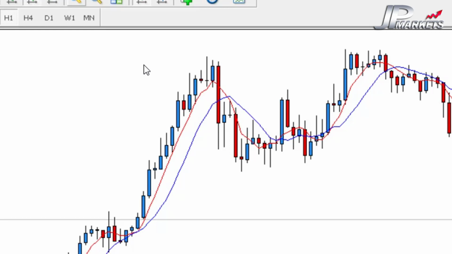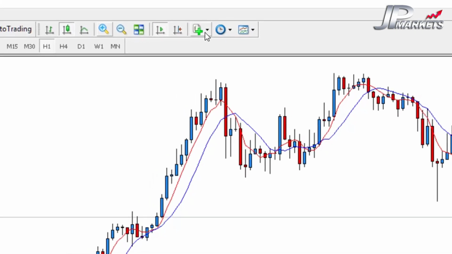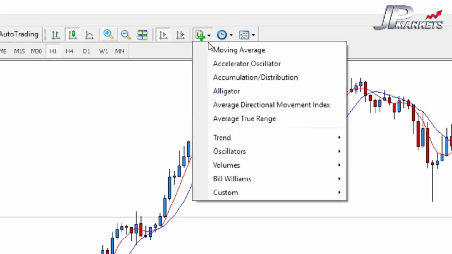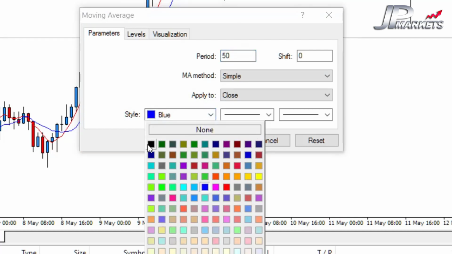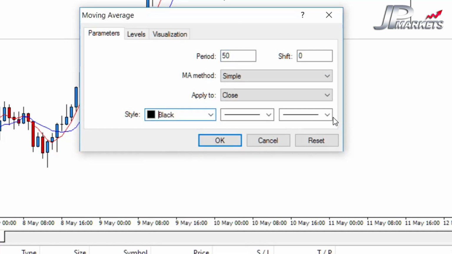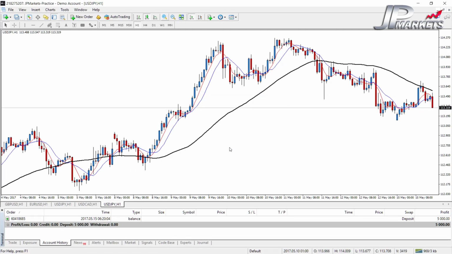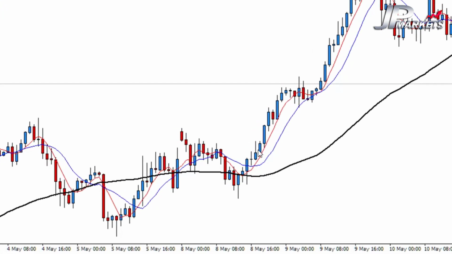Out of interest, I'm going to add a third moving average. And this one we're going to set to a period of 50. It'll remain simple. I will set this one as black. And I'm going to give this one a slightly thicker look. And click OK. Now here you can see that the 5 responds very quickly.